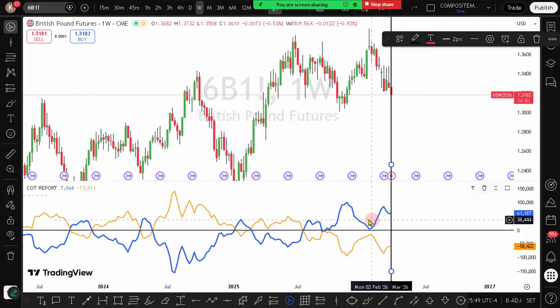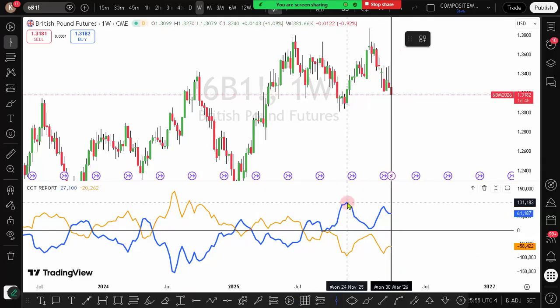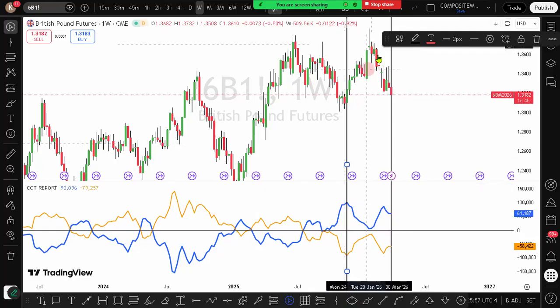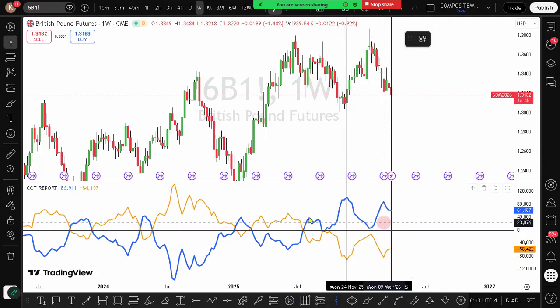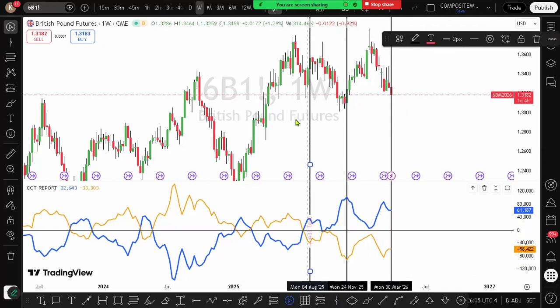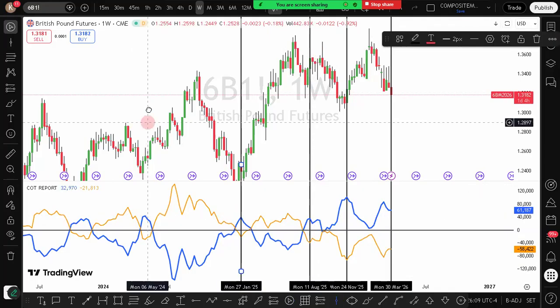So we're still looking forward to another long position. Every time commercials are long, we expect price to spike to the upside. You can see everywhere they are long, you get that rally. See here, you get the rally.